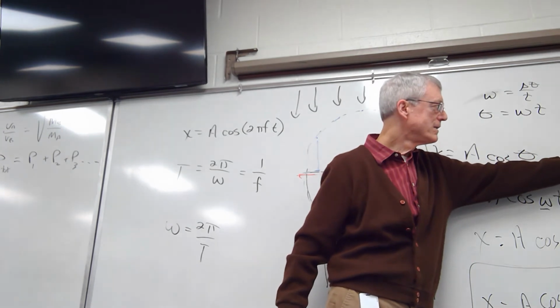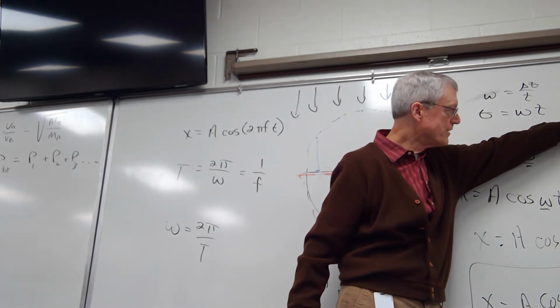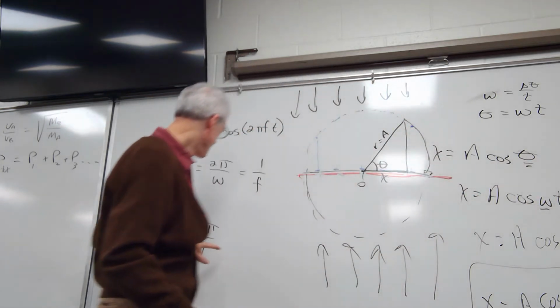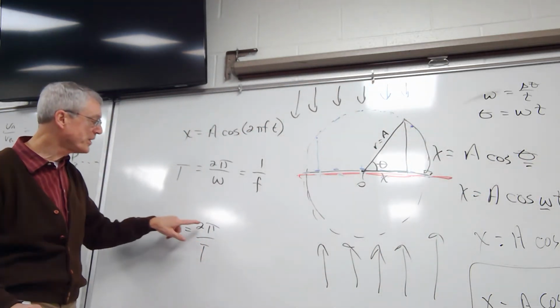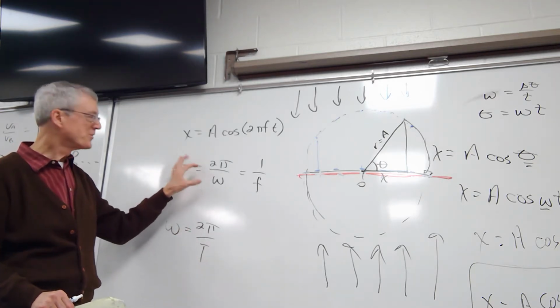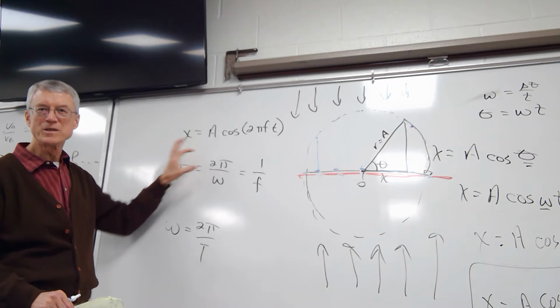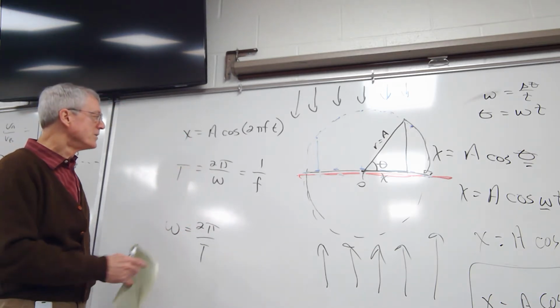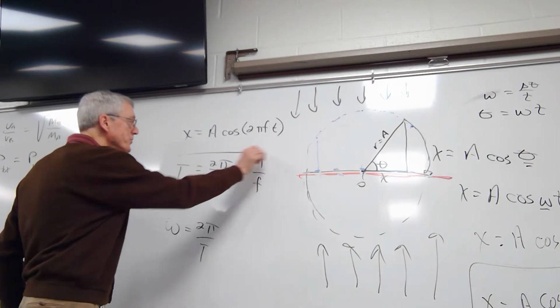See that? Because that's one complete revolution if it's moving in a circle, and that's the time to go in one circle. All right, so omega is equal to 2 pi over T, therefore T would be equal to 2 pi over omega. So that comes from this. That's where it comes from if you wanted something to hook that on to.